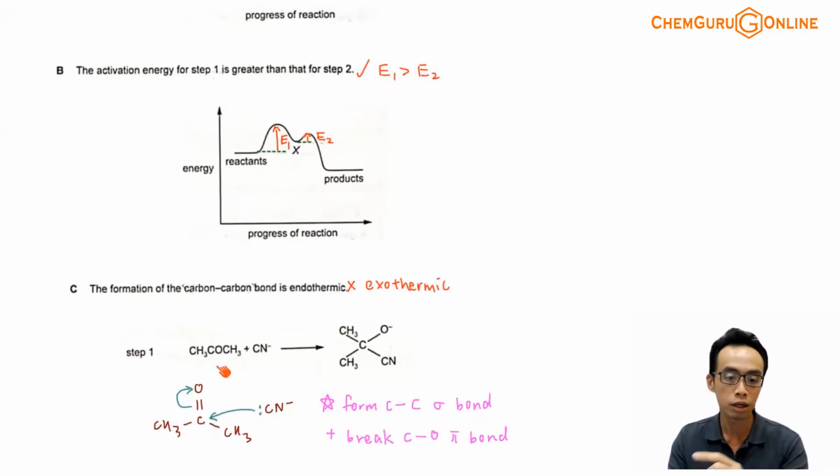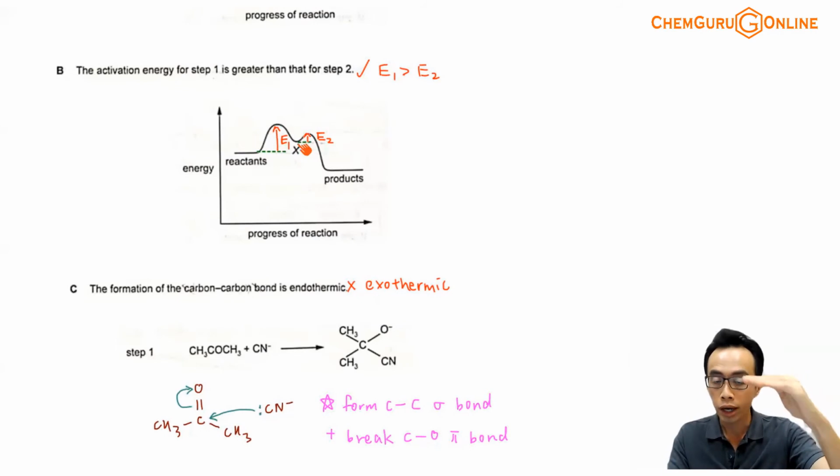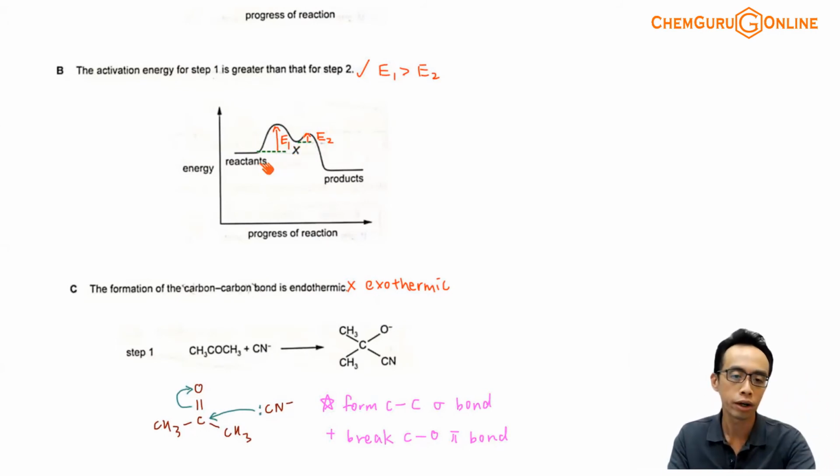Now, if I consider step number 1, it seems like we are actually joining this CN minus to my carbonyl carbon. Seems like we are forming this carbon-carbon bond. Then you notice the enthalpy change for this process. It looks like it is endothermic because the enthalpy level for your X, which is the intermediate, is higher than that for the reactant.